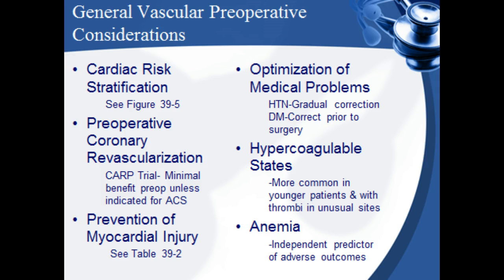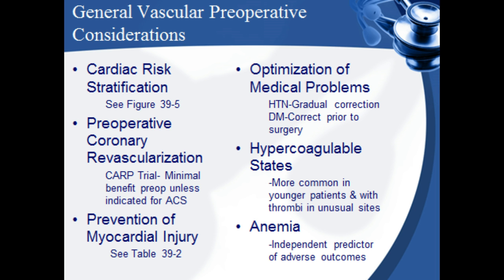Under perioperative coronary revascularization, there is controversy as to whether preoperative coronary revascularization protects against perioperative cardiac events. The Multicenter Coronary Artery Revascularization Prophylaxis Trial, or CARP, looked at randomized patients with coronary artery disease before elective vascular surgery and found no benefit to coronary revascularization.